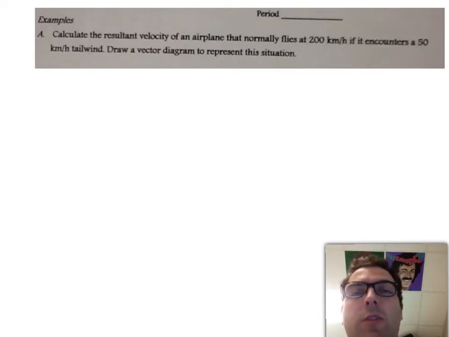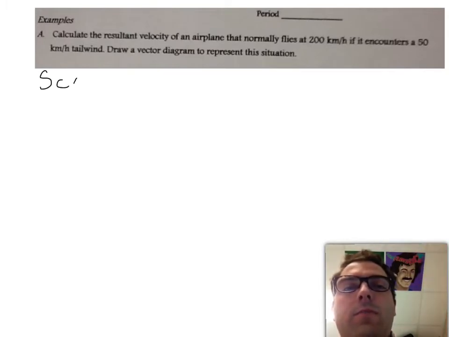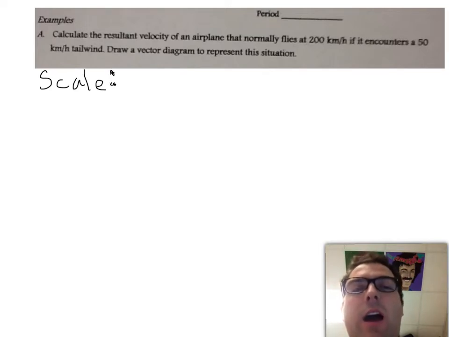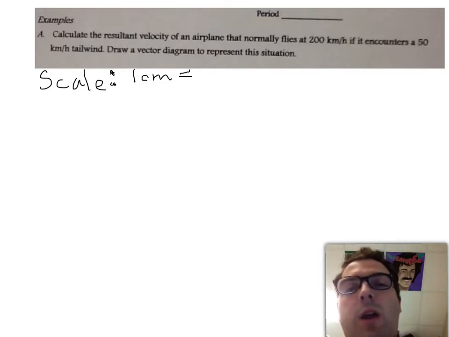The key thing with any vector diagram is you really need to have a scale, and the scale is kind of whatever you want it to be. I'm not going to give you scales to work with. My recommendation is that you should be doing everything in centimeters, so I would say 1 centimeter is equal to whatever you're choosing, and you probably want it to fit in the space that's given to you, so make your scale appropriately.